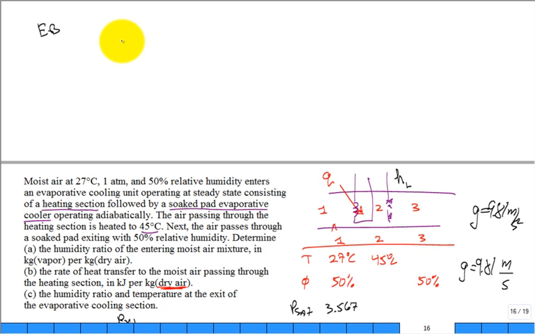So let's do an energy balance here. I'm going to have the mass flow rate of the dry air times the enthalpy of the mixture coming in. Let's do it at 2. So we're just going to go between 2 and 3. Plus the mass flow rate of the liquid times the enthalpy of the liquid.